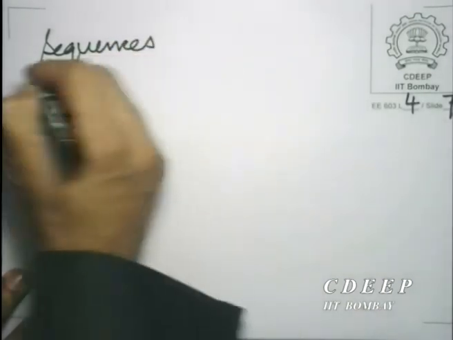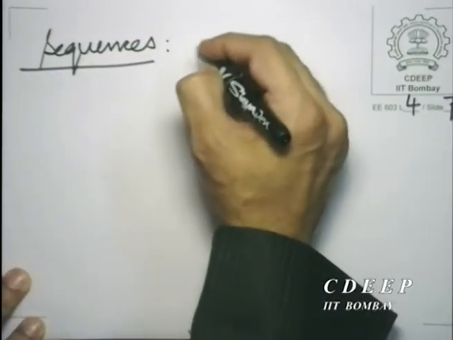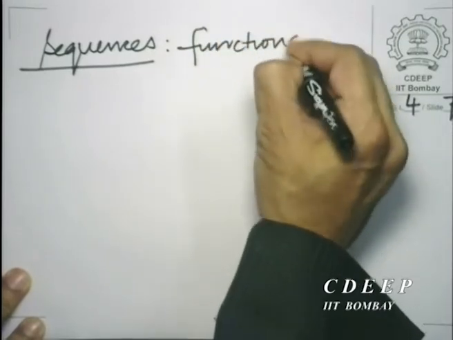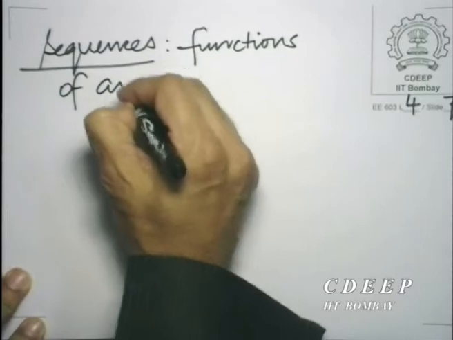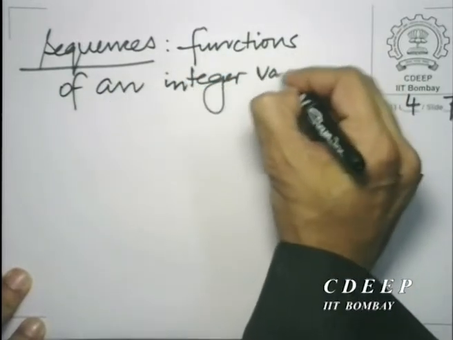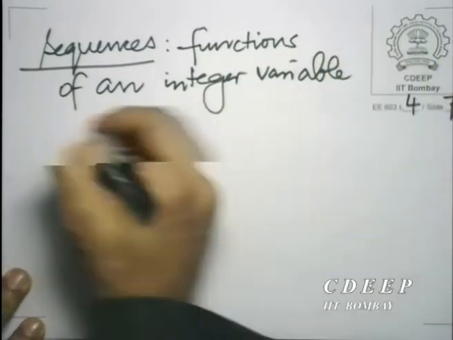And what I mean by that is, instead of dealing with sine waves, I need to bring in some other kinds of waveforms, or I need to bring in some other kinds of, now I introduce the word, sequences. The sequences are essentially functions of an integer variable, and the physical interpretation of the integer variable is the sampling index.